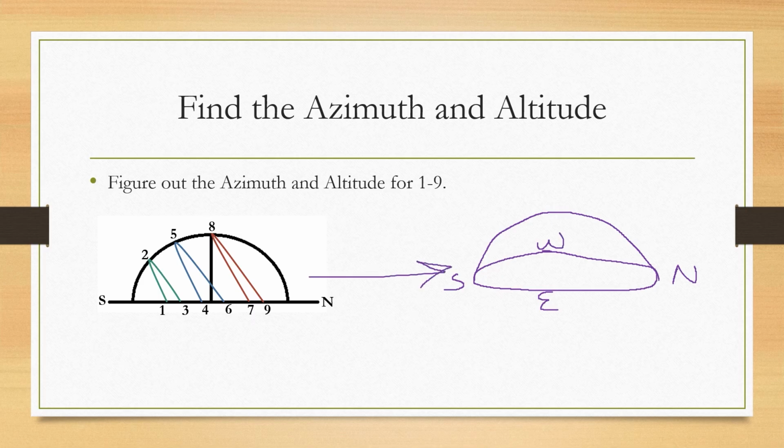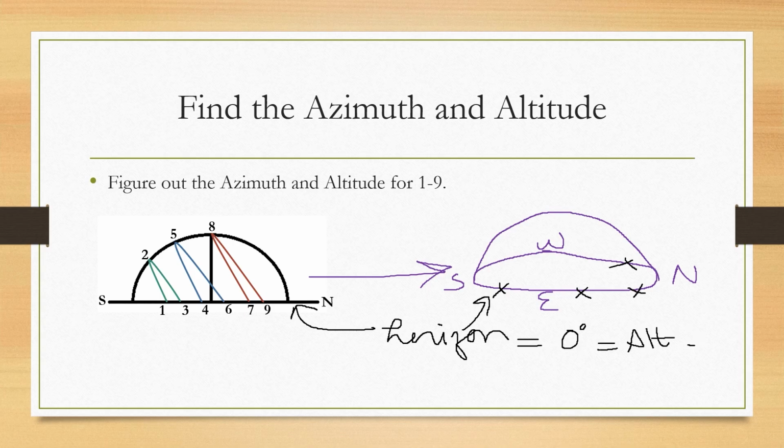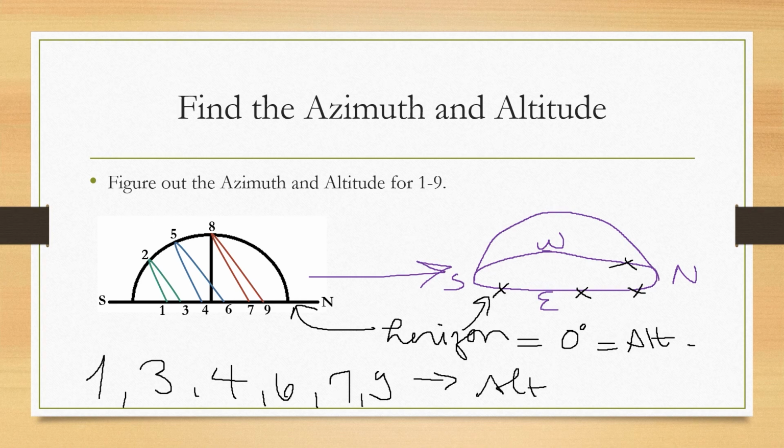If your spot falls anywhere on this circle, or in this case, the line, which is the horizon, it is equal to 0 for altitude. So, for numbers 1, 3, 4, 6, 7, and 9, your altitude equals 0. But 1 falls on this side, and 3 falls on this side. 4 and 6.